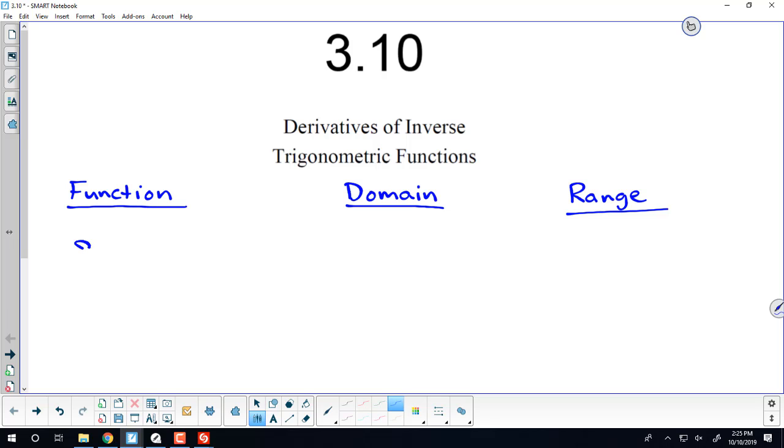For inverse sine of x, we saw that the domain was from -1 to 1, and the range was from -π/2 to π/2.